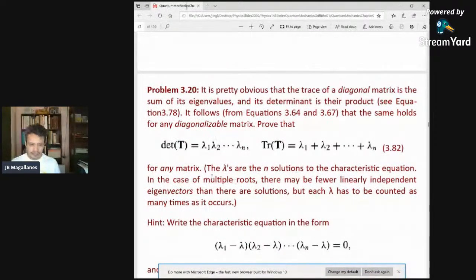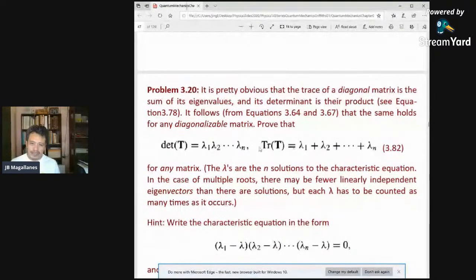Note, in problem 20, the determinant of a matrix is equal to the product of its eigenvalues. Look at this: the determinant of a matrix is the product of its eigenvalues.